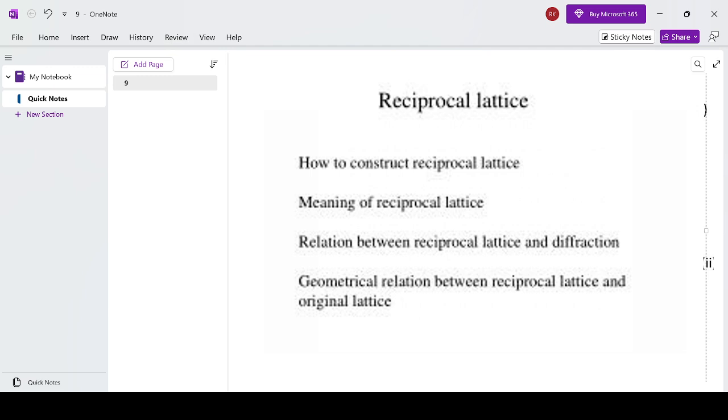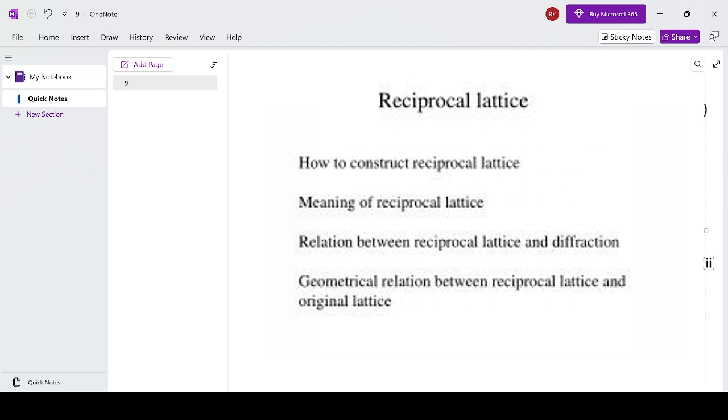So what I mean to say, what we see outside, that is something on a whole. It is not a single wave getting diffracted from one atom. It is the interference of numerous waves which are diffracted from different scattering points.